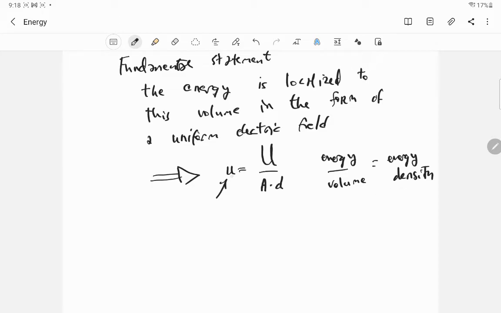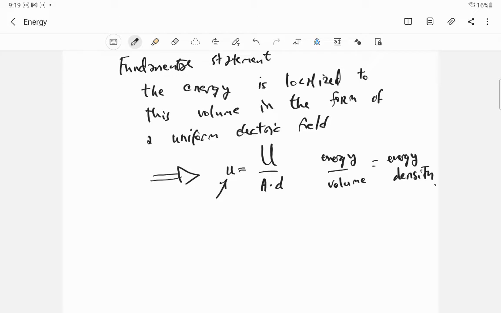So the units for this, for example, would be joules per centimeter cubed, or joules per liter, joules per meter cubed, right? Some energy unit divided by some volume unit. That's what this is, right? Because it's energy divided by area times distance, which is volume. Okay, cool. So let's move on.